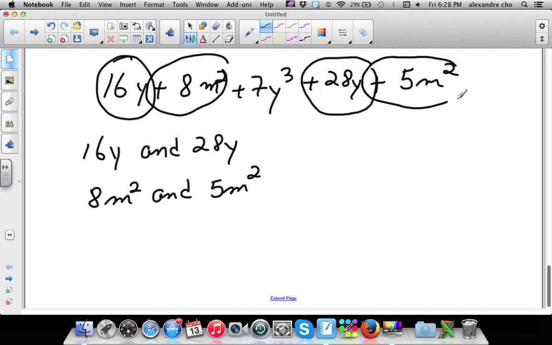I'm not asking you to combine, I'm just asking you to identify the like terms. And 7y cubed has nothing, no one that also shares the y cubed. So the only like terms are 16y and 28y, and 8m squared and 5m squared.